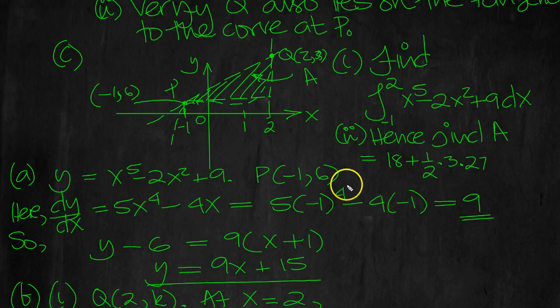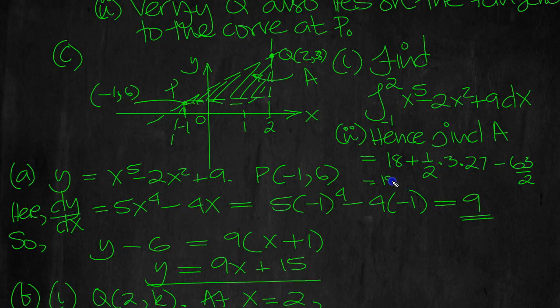So you've got that. So that's the total area of this shape here, under this tangent between minus 1 and 2. And take away the area under the curve, which we got as 31.5. So minus 31.5, which is 63 over 2, isn't it? And this is 81 over 2.